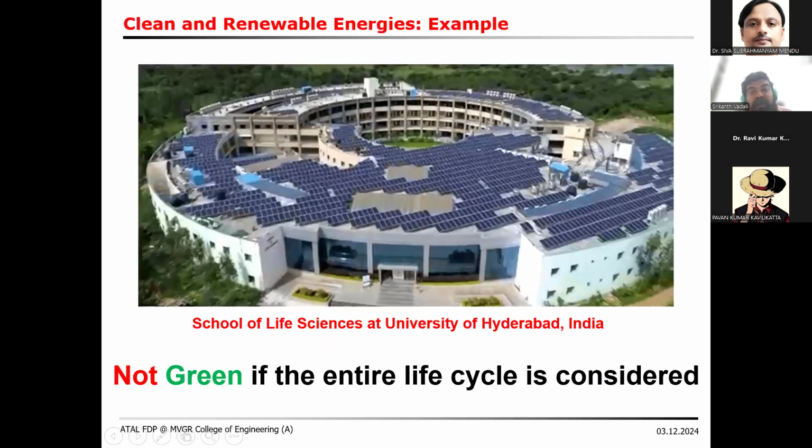Now, but consider this. This is a big, huge building in our university. It is the School of Life Sciences. You see so many solar panels. These are grid connected solar panels. It is about 1100 kilowatt peak solar panels connected to a 100 kilowatt inverter, generating about 1.6 million units per year.